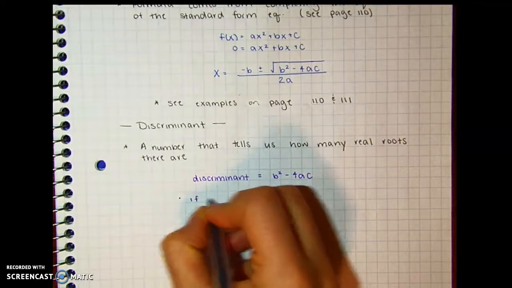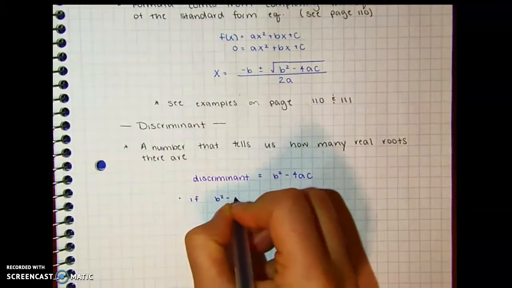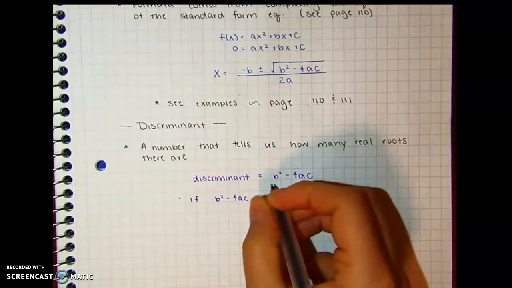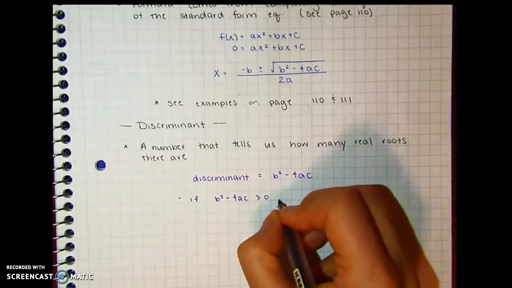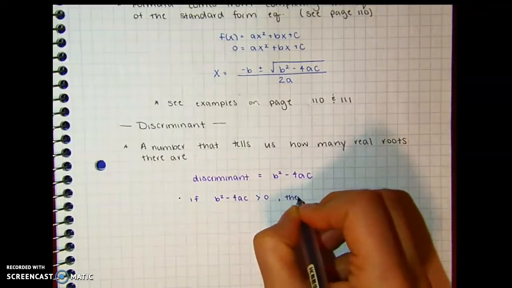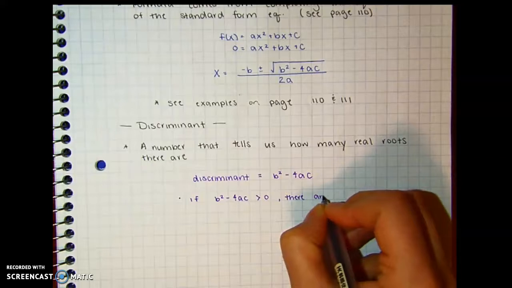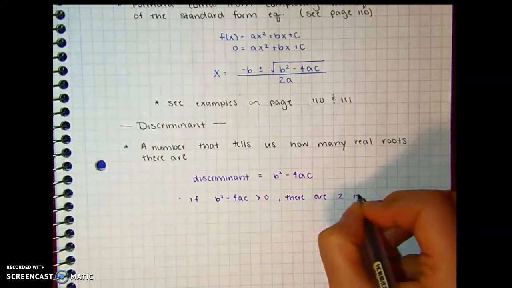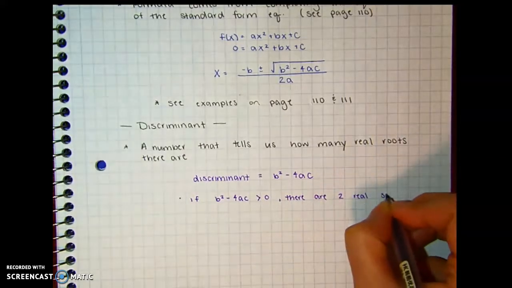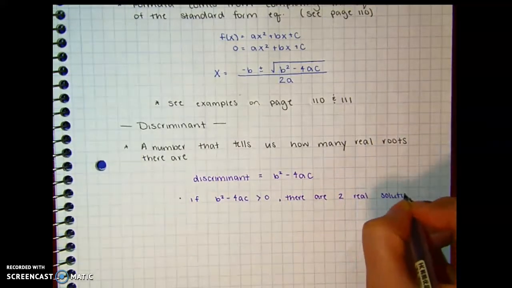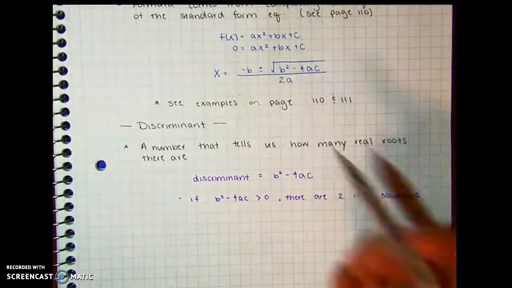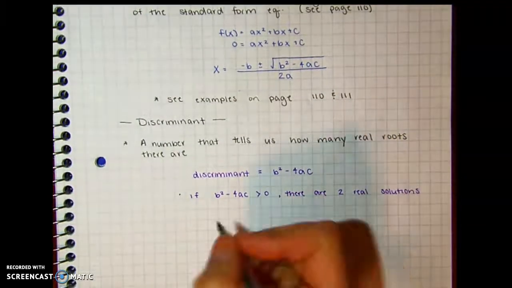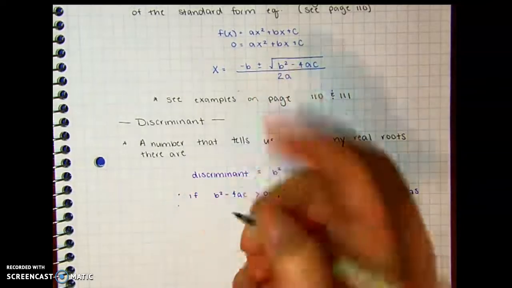If b squared minus 4ac is greater than 0, there are two real solutions. Which should make sense, because if you had a positive number here, you can take the square root of that, so you'd have plus or minus.